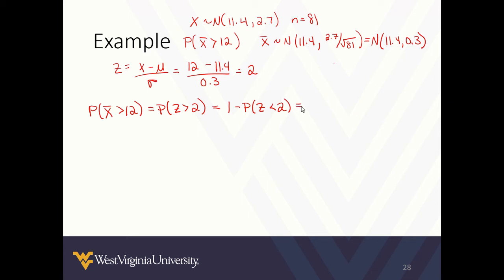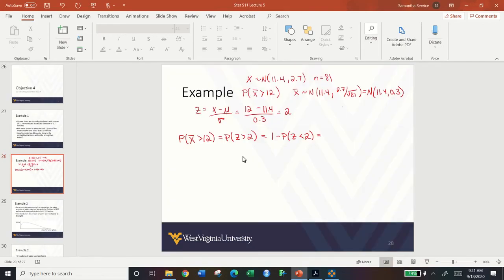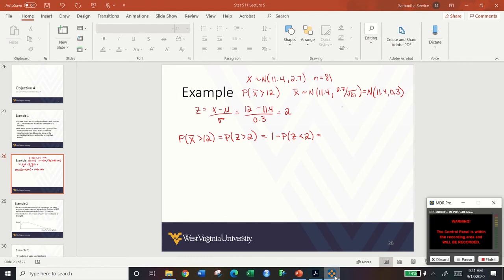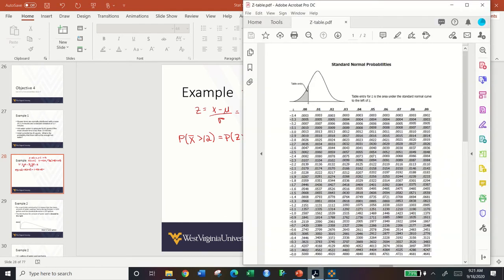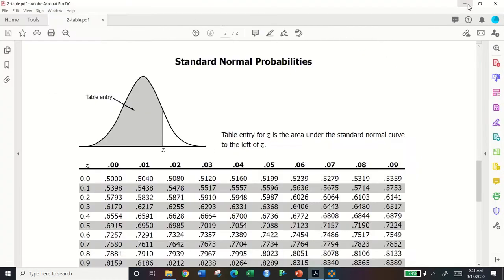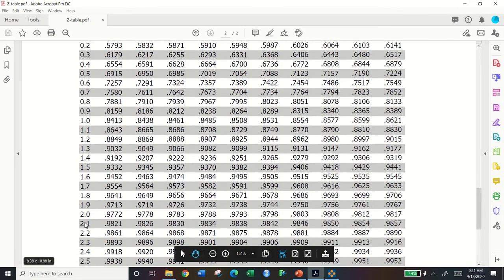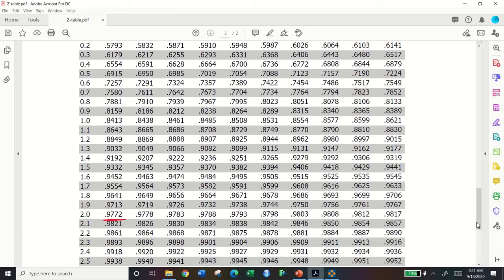And now we can look up our value in the standard normal distribution table. So we're going to look for when z is 2.00, we are going to have a probability of 0.9772.